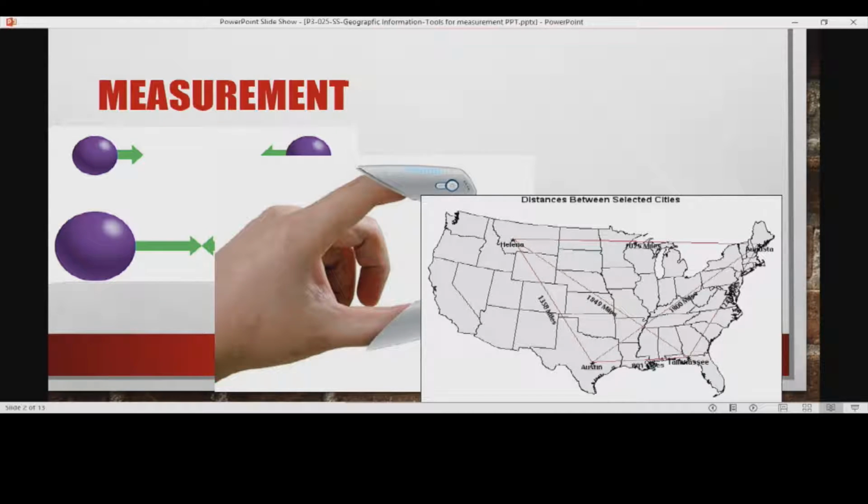We can't measure with our fingers. Does anybody know where this map is? Recognize the map? USA, America, a very big place. And you can see the distance between some of the cities, thousands of miles. So distances can be very small or very big.